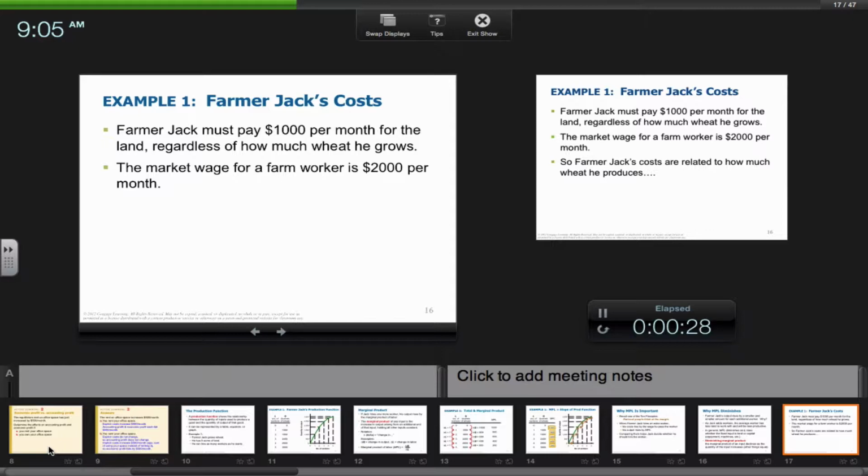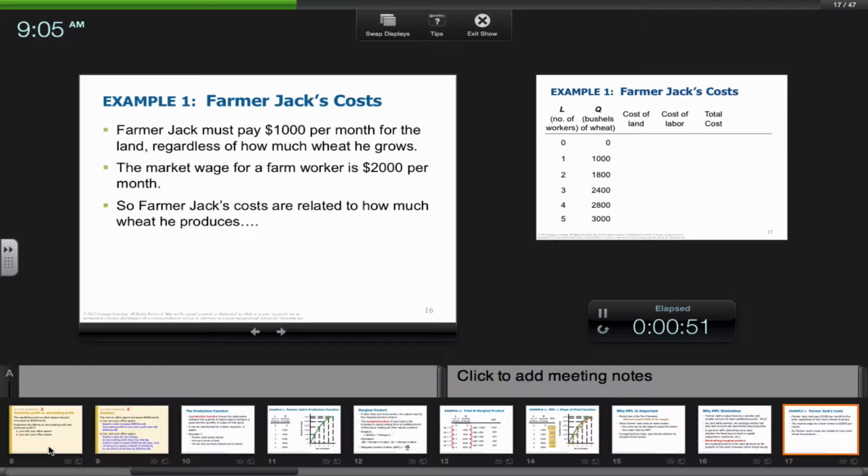So, what do we know about Farmer Jack's costs? $1,000 fixed cost. What's his labor cost called? They're both explicit costs. But they're also related to how much wheat he produces, aren't they?